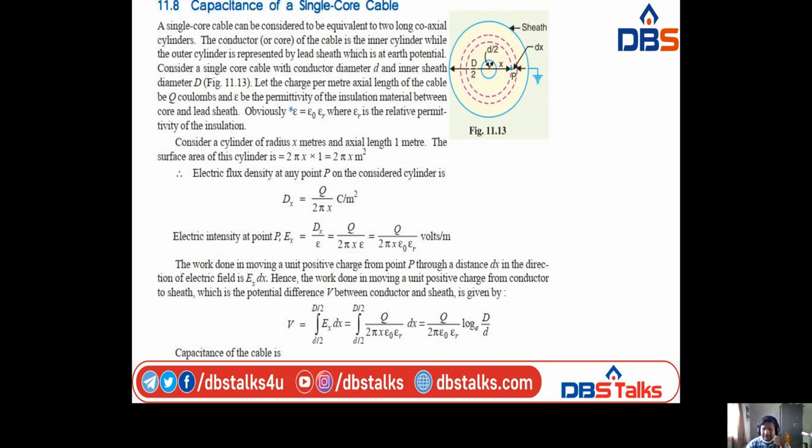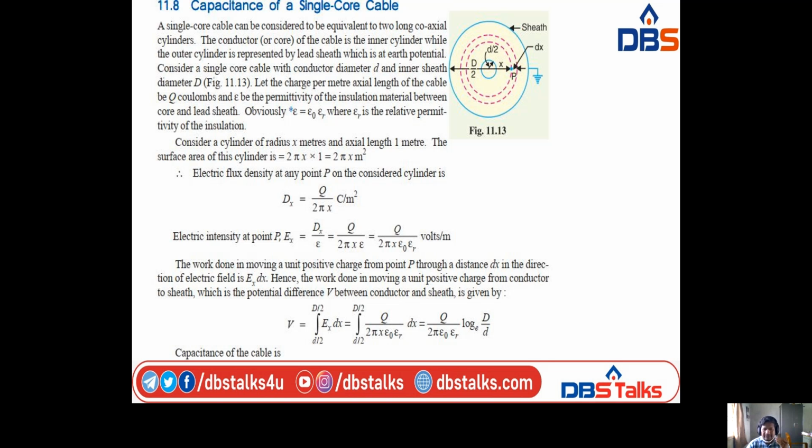Now we have to find the electric field intensity. The ratio of flux density to permittivity is the intensity. Electric field intensity Ex at point P is Dx by epsilon, that is Q by 2 pi x epsilon naught epsilon r volts per meter.